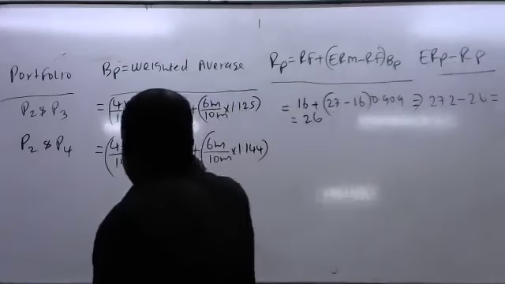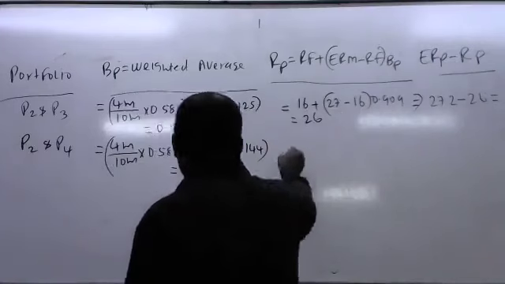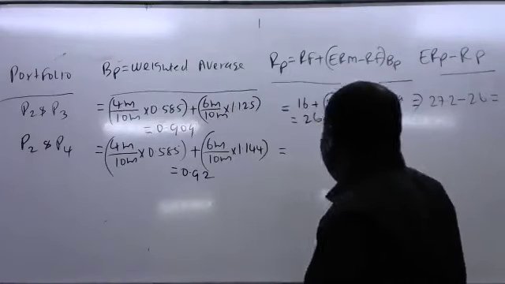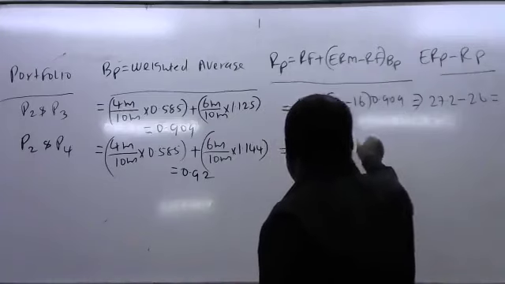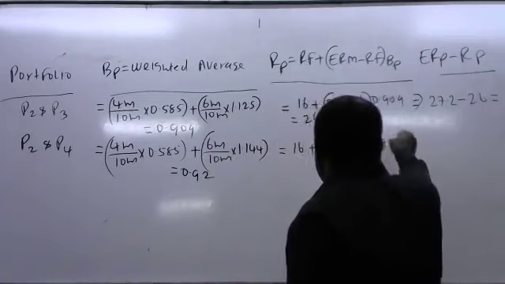Zero point 9. So you also come to this point: 16 plus 27 minus 16, then 0.92.